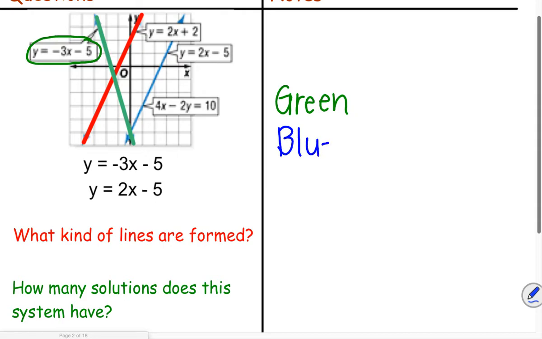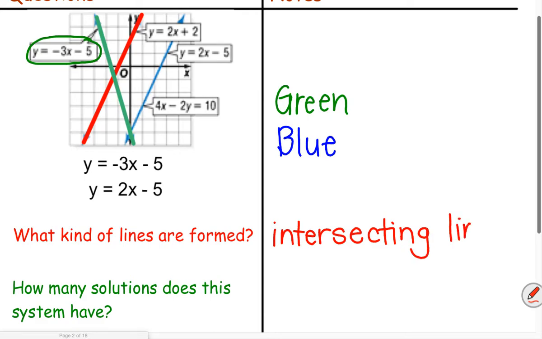If you look at the green and blue line, what they are doing is crossing. When two lines cross, we call that intersecting. So where it says what kind of lines are formed, we're going to say intersecting lines. So lines that cross are intersecting.